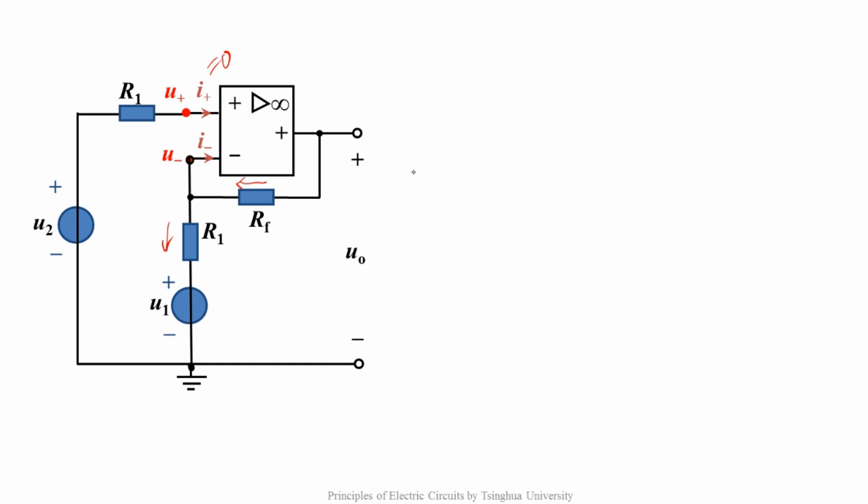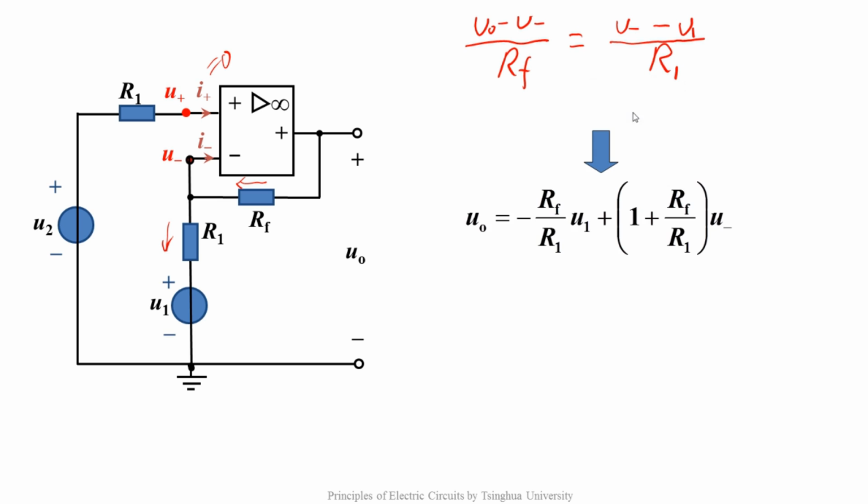The equation is the current through RF, which is UO minus U minus over RF, equals the current through R1, which is U minus minus U1 over R1. Then we can get this result. According to the virtual short property, U minus equals U plus equals U2.